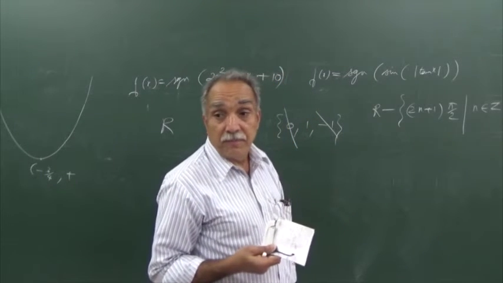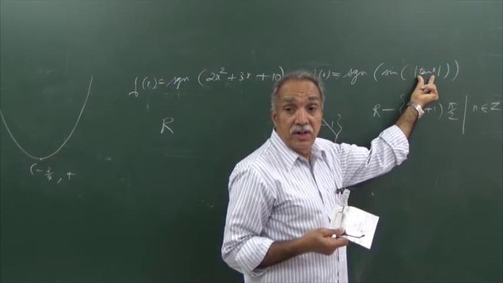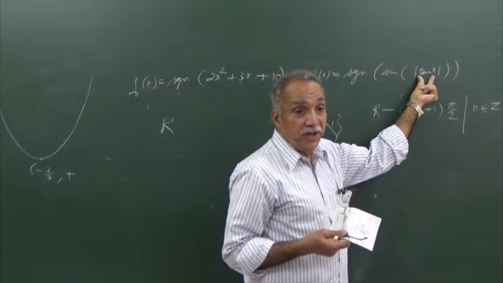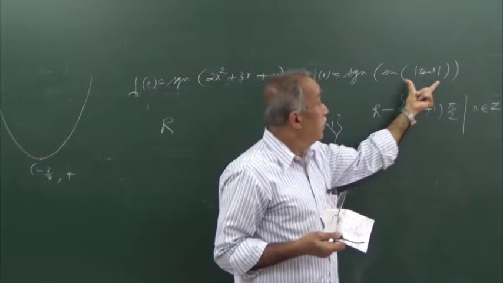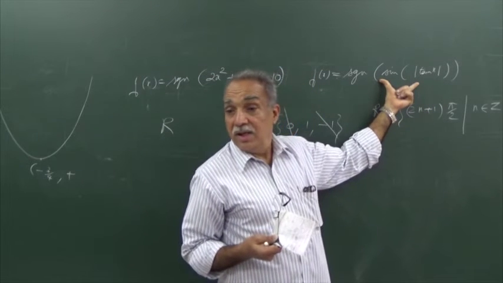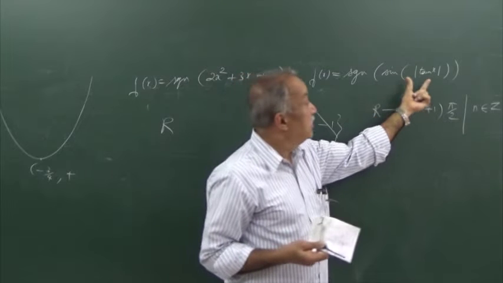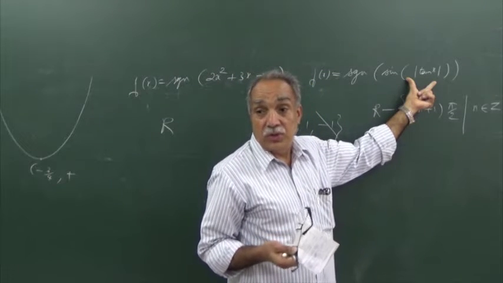What about range? What values are attained by this? Minus infinity to infinity. What values are attained by this? 0 to infinity. What values are attained by this? This is taking only those values which are greater than or equal to 0.